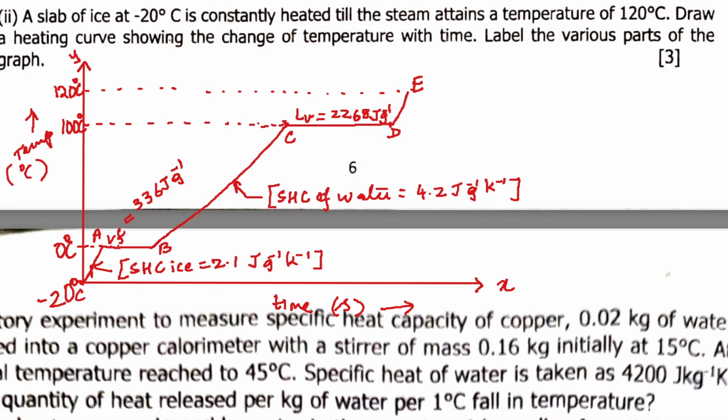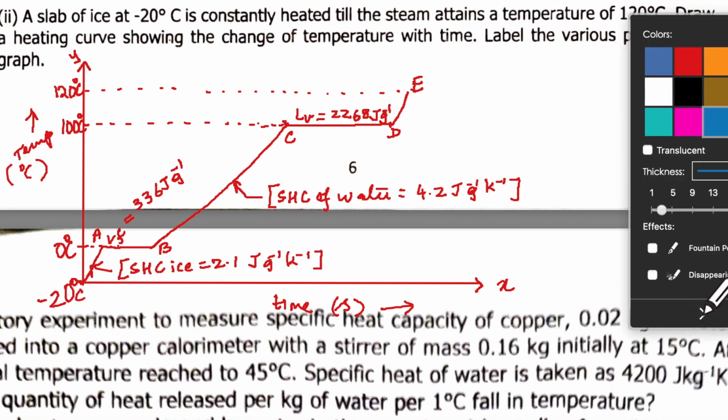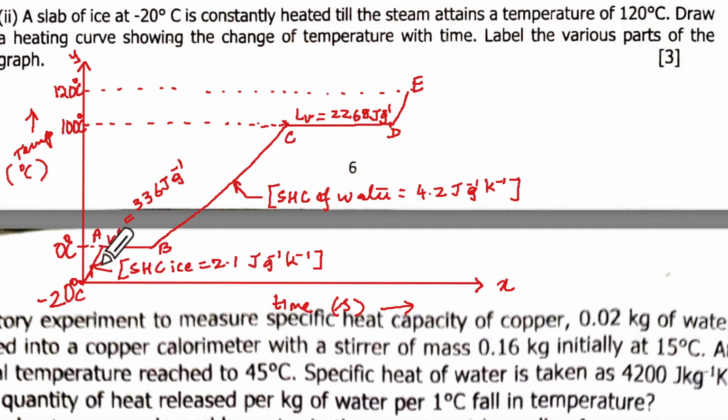Now in labeling, what will I have to label? This is ice, correct? This part is where there is water and this part is where there is steam, correct? What else will I have to mention? There isn't much space here.